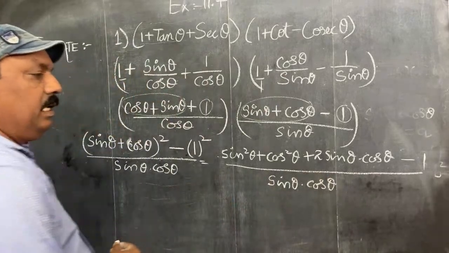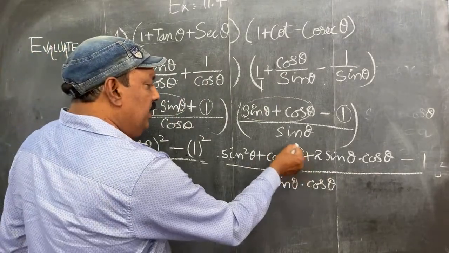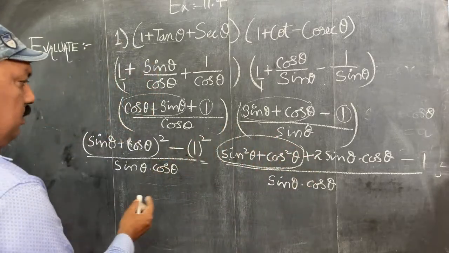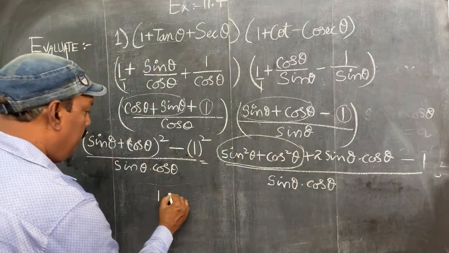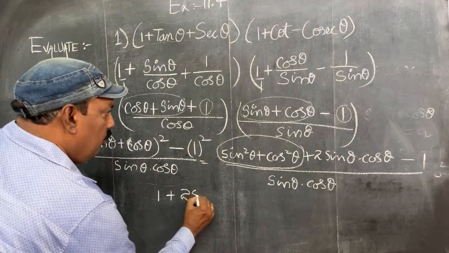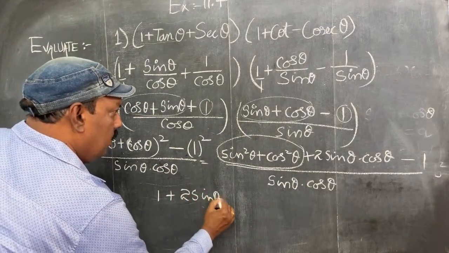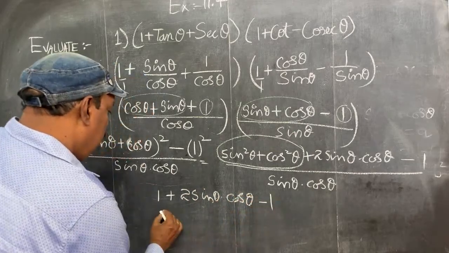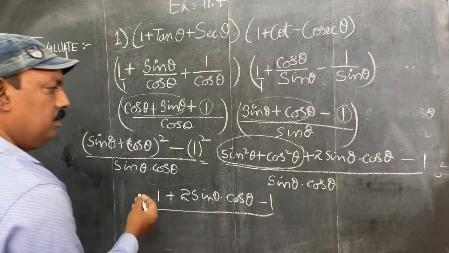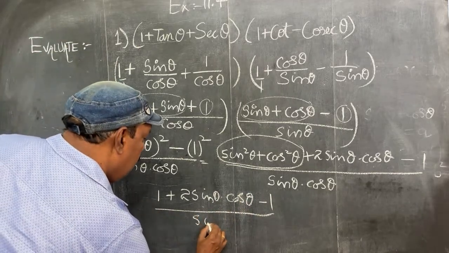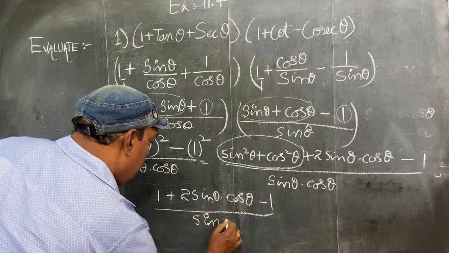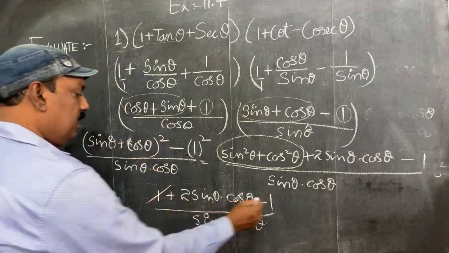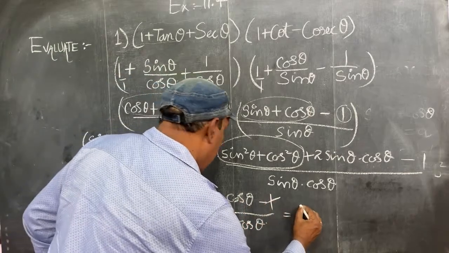According to identity number 1, sin square theta plus cos square theta should be considered as 1. So here 1 plus 2 sin theta cos theta minus 1 by sin theta into cos theta.